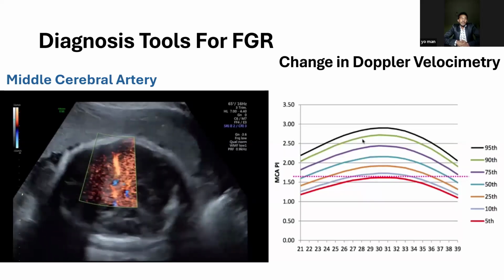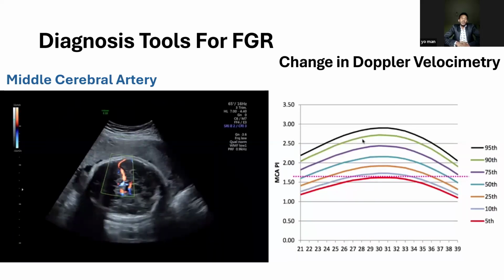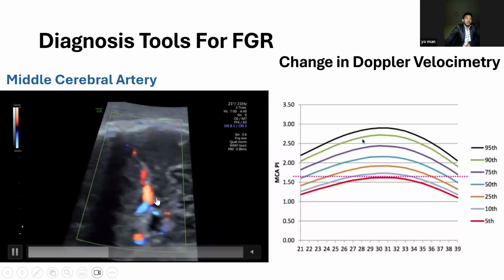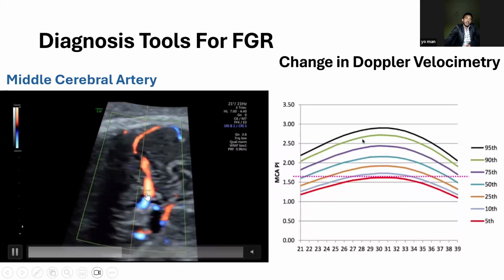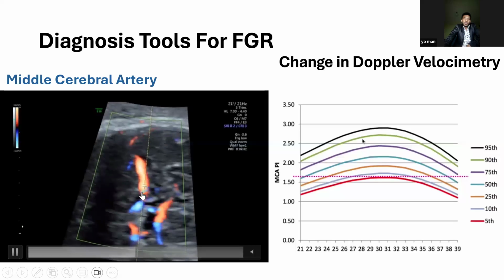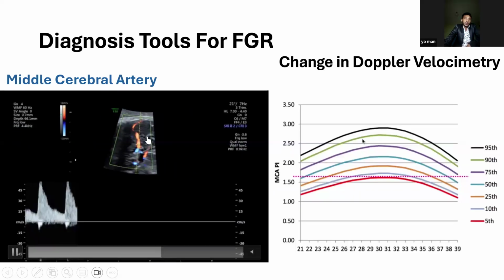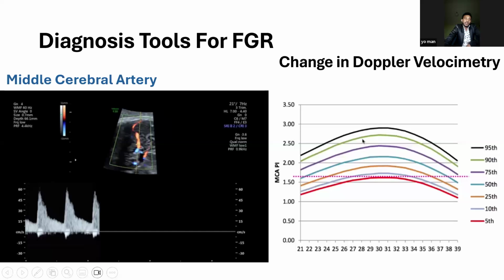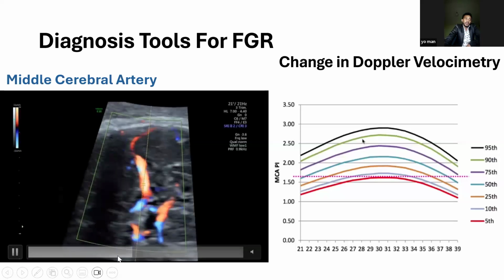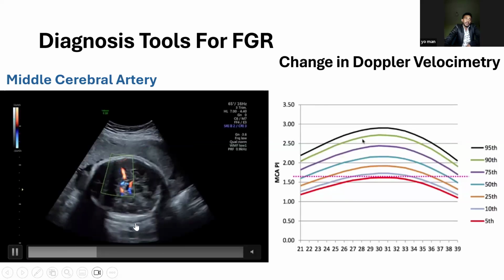This is how to do the middle cerebral artery, sorry. Zoom in must take place. Let's say the Doppler gate is here in the proximal portion of the middle cerebral artery, apart from the internal carotid artery. Then you have to decrease the gain. Did you see when you decrease the gain, the Doppler gate?